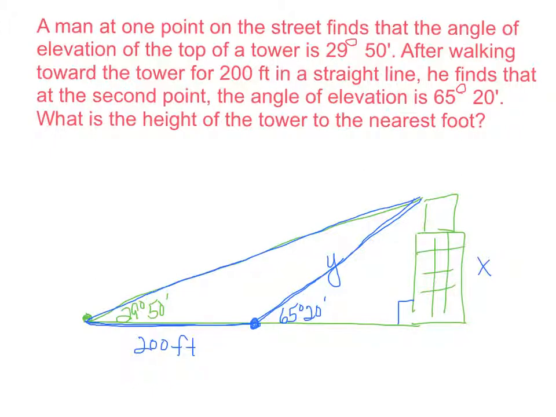So you just need to remember that this angle here, 65 degrees, 20 minutes, is supplementary to this angle here. So you're going to do 180 minus 65 degrees, 20 minutes. In order to do that you need to use your second apps button in your calculator. So you do 180 minus 65, then hit your second apps button. You'll see the degree symbol there at number 1.